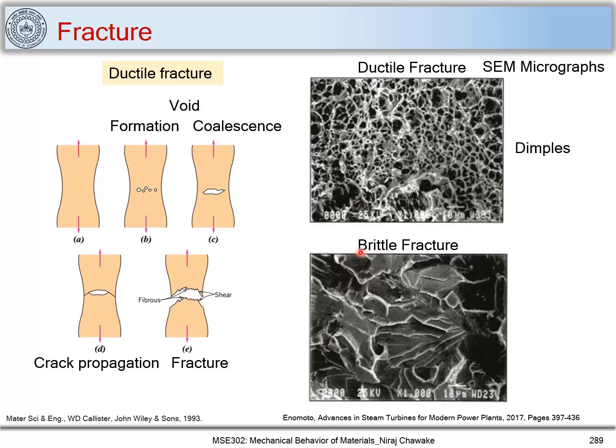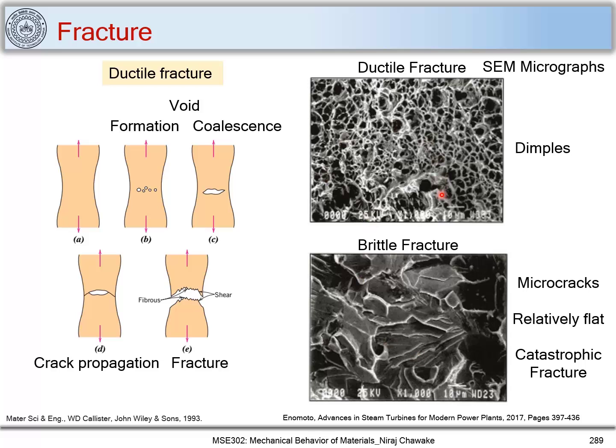While you can see that a brittle fracture happens with more or less no change in cross-section area, and these will be relatively flat features which you see on a fractured surface. And this kind of fracture occurs catastrophically. So there will be some micro cracks present, and when you apply a stress, these cracks propagate catastrophically, and thus you see such features.